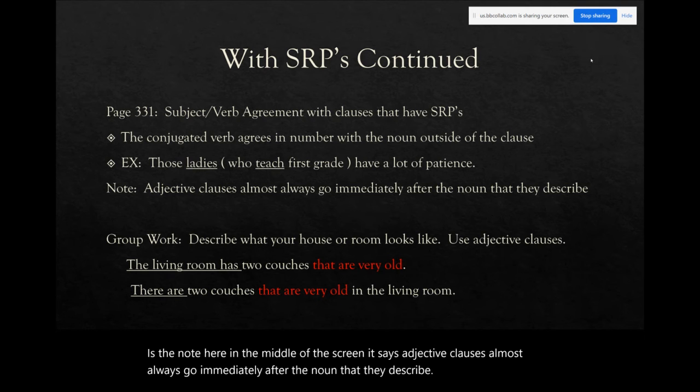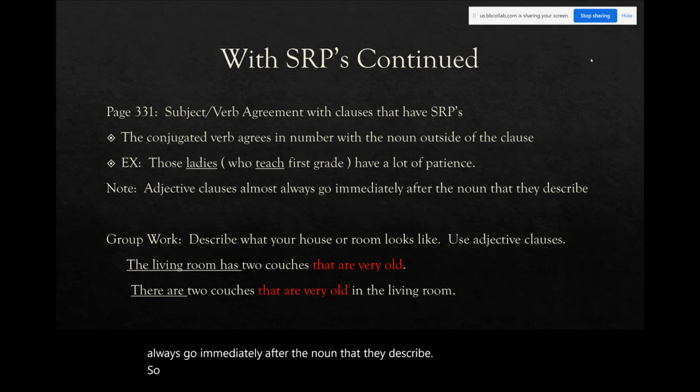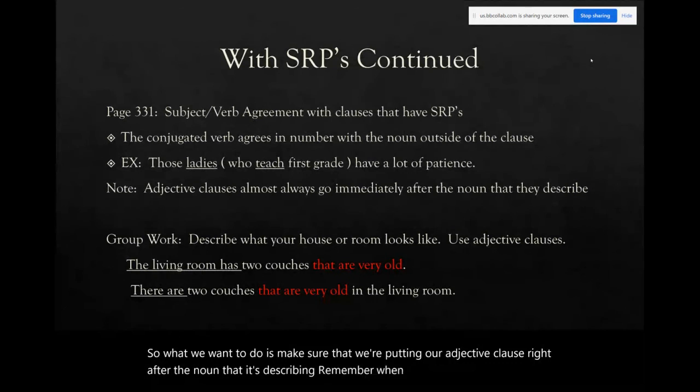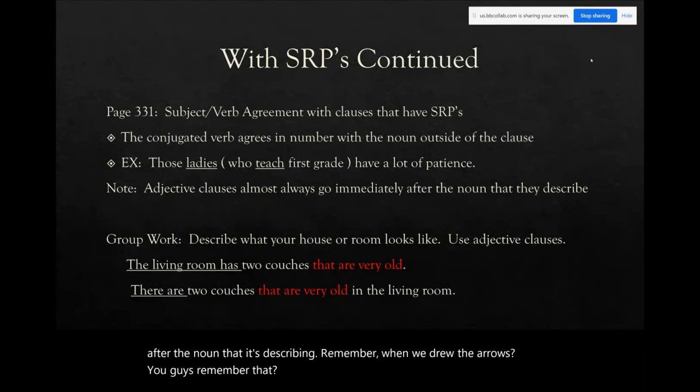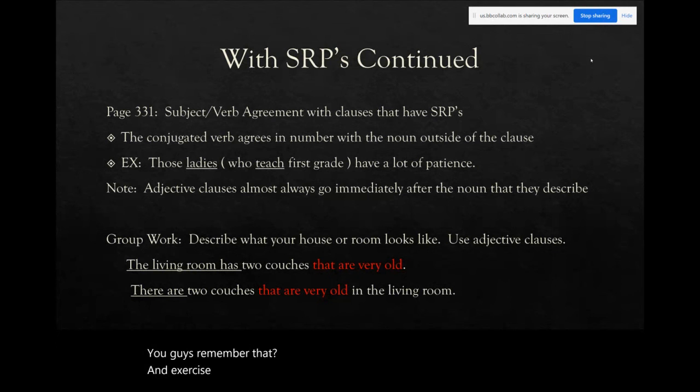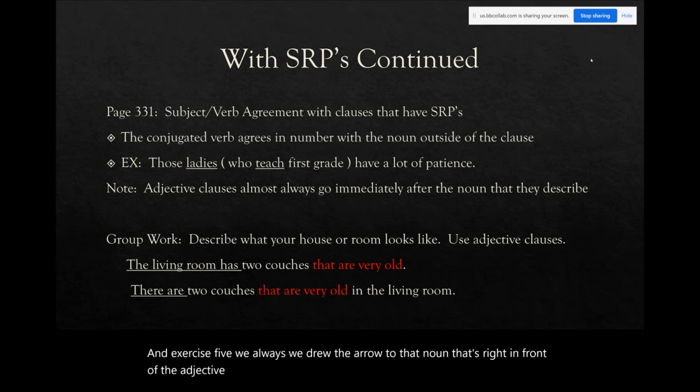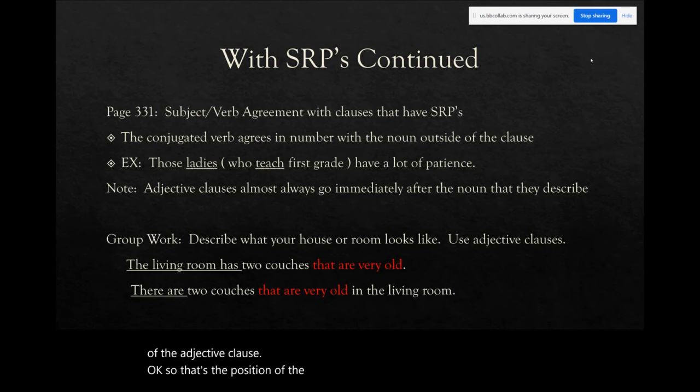So we want to make sure that we're putting our adjective clause right after the noun that it's describing. Remember when we drew the arrows? In exercise 5, we drew the arrow to that noun that's right in front of the adjective clause. That's the position of the adjective clause we need to remember.